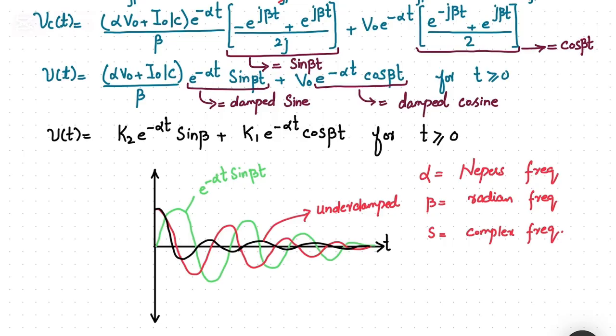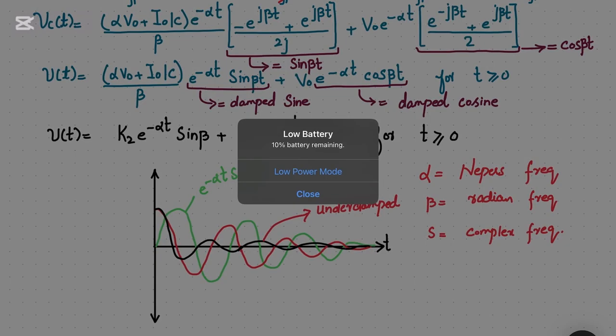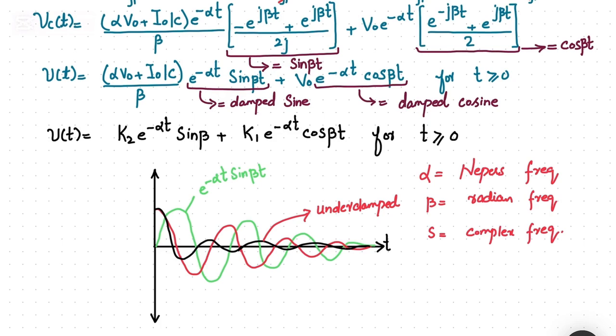The terms underdamped, overdamped, or critically damped: what is damping? All these three responses decay with time, and this decay is basically caused by the energy loss in the circuit. So damping means energy loss in the circuit.